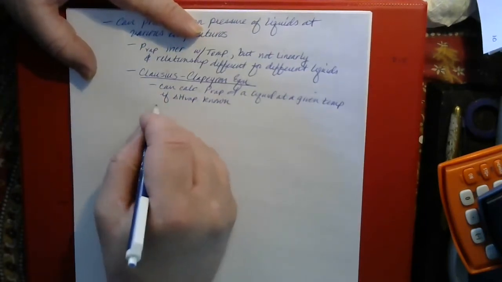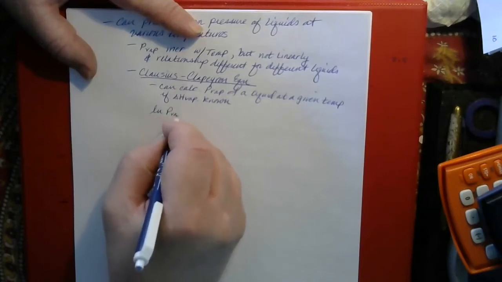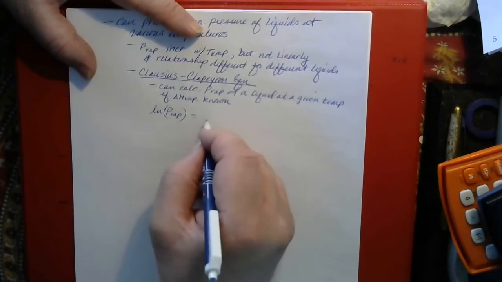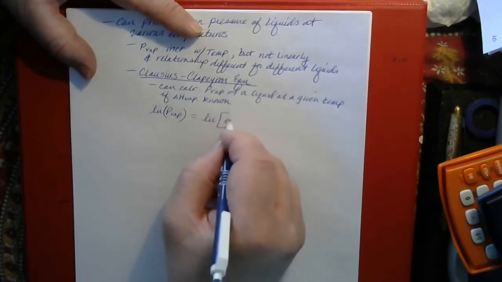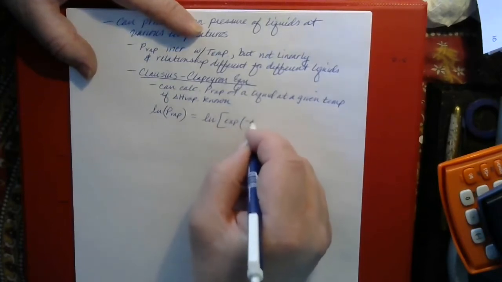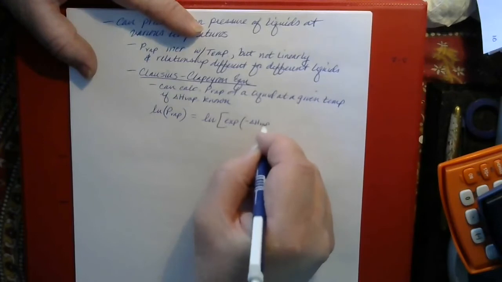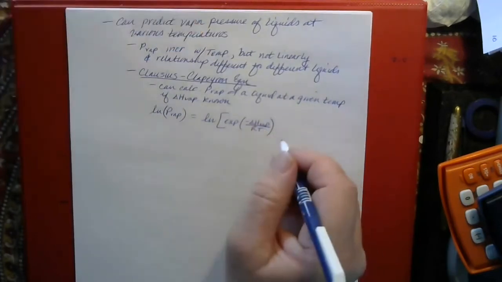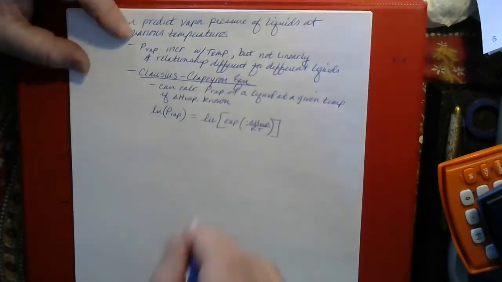The equation takes the form of, let me see, the natural log of the vapor pressure is equal to the natural log of the exponent of negative delta H vap over RT. And that looks kind of nasty.